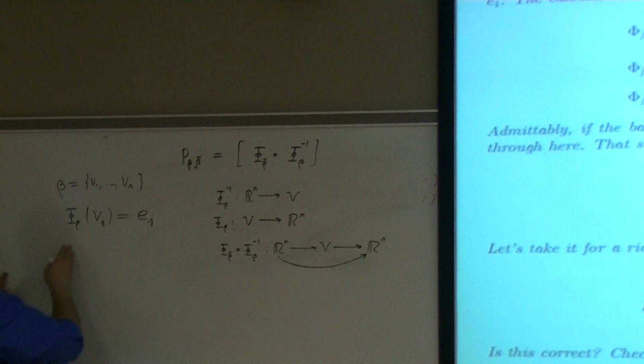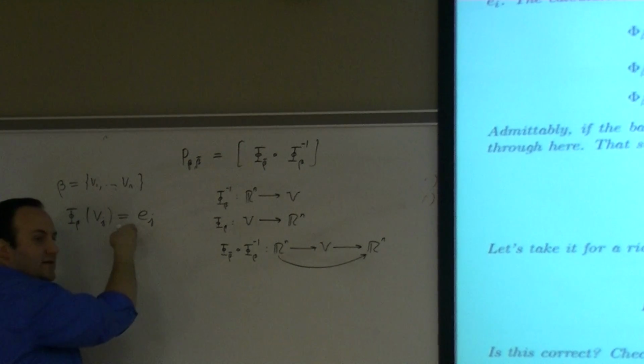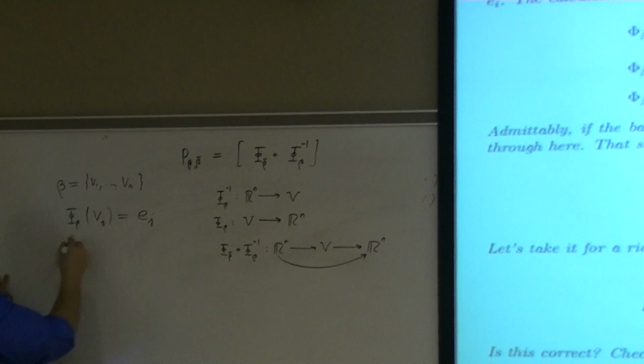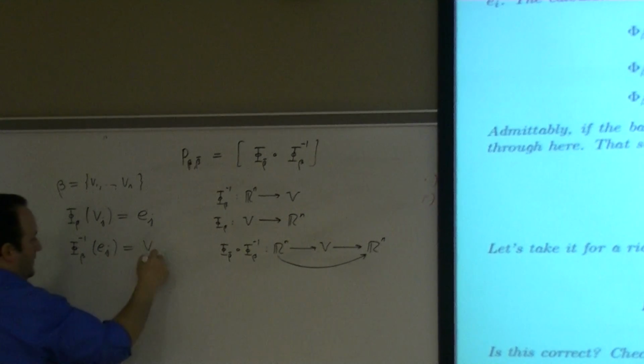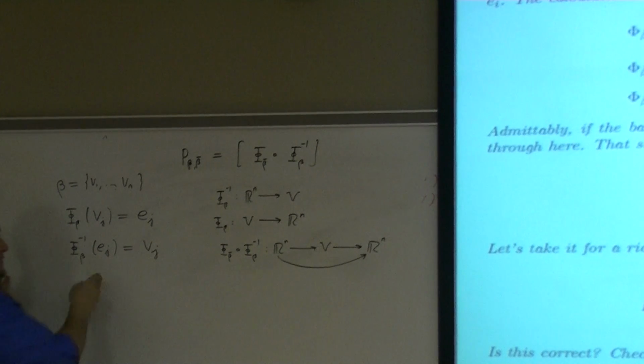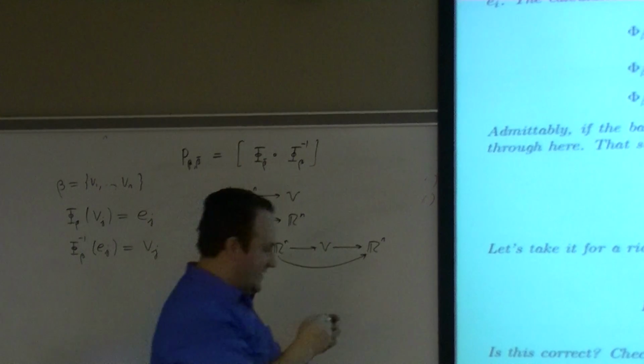So this is what the coordinate map does: it converts the abstract basis to the standard basis, right? And then you extend linearly. The inverse is this. In other words, the inverse coordinate mapping trades your standard basis for the abstract basis in the same way. So that's how I make this calculation over here.